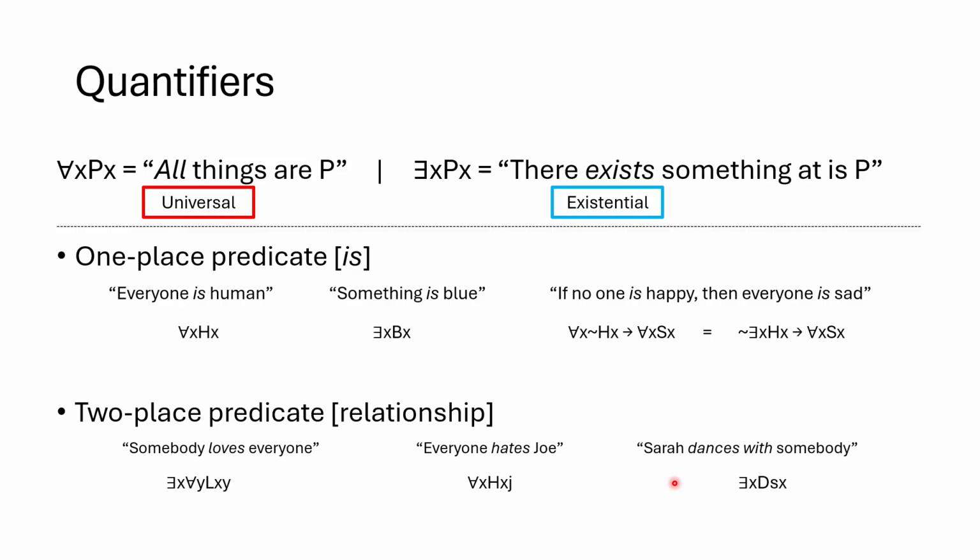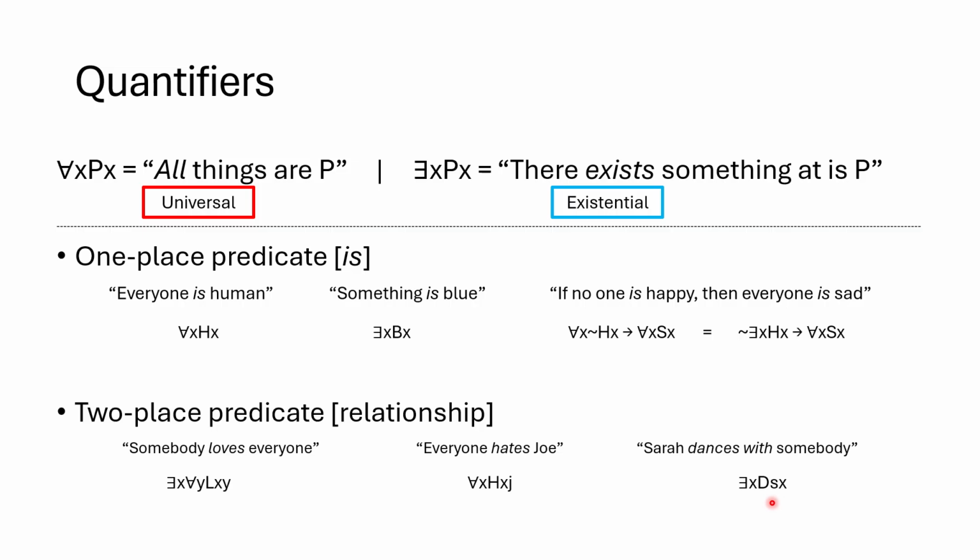Now, the position of the individual constants and variables is important, because let's just look at this one. Who's the active subject in this statement? Sarah dances with somebody. So Sarah is the one who's actively dancing with somebody. We don't know who the object is definitively. So we're going to need a quantifier since it's a somebody and not everybody. We're going to use an existential quantifier, and we need to place the variable in the second place of the two-place predicate.